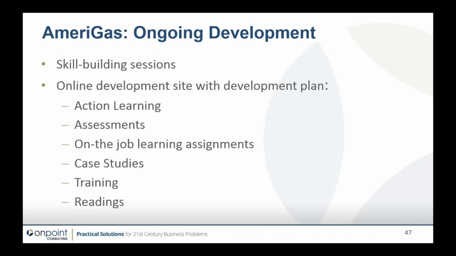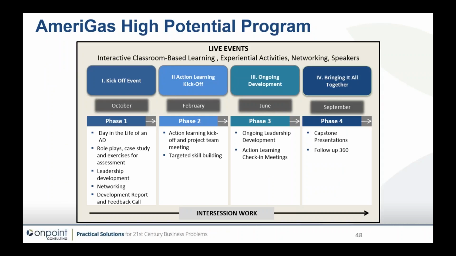There's a position that was created called the Assistant Area Director, and some of these people were moved into that role to give them a chance to work side by side with an area director. Case studies, training, reading activities are all available to them online.